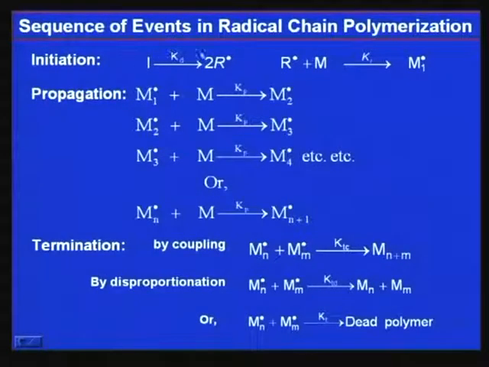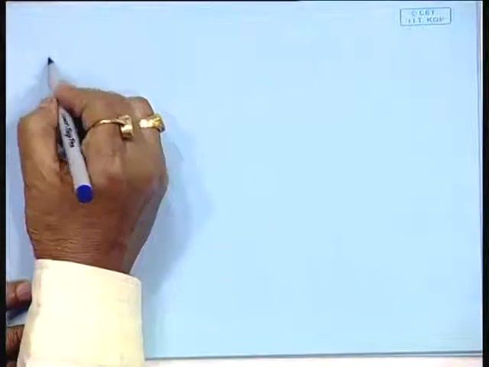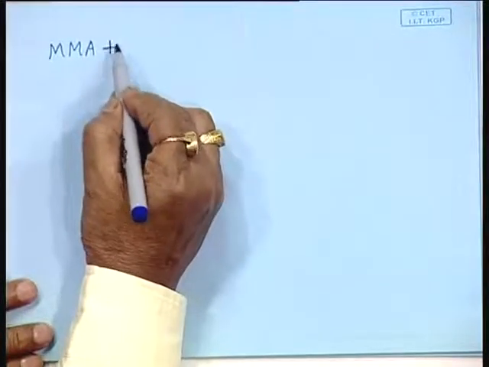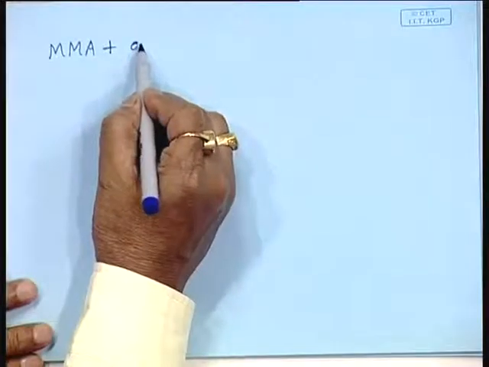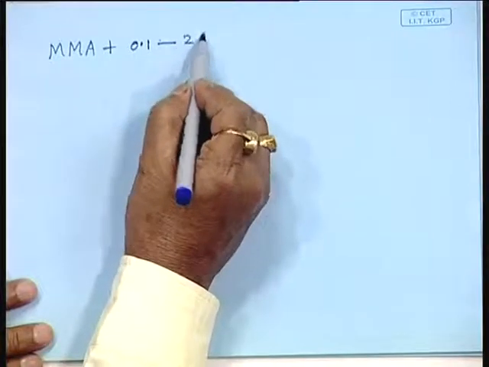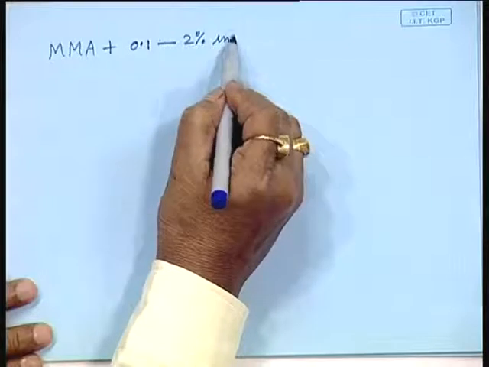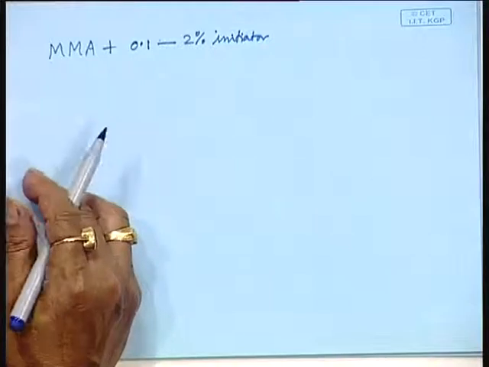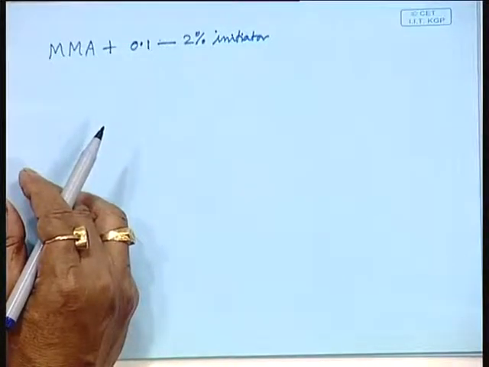Now, in that system there are a large number of initiator molecules. In a typical polymerization of a vinyl monomer, say methyl methacrylate, MMA, the initiator used is say 0.1%, 1 to say 2% initiator concentration. That means if you take benzoyl peroxide, how much has to be taken?